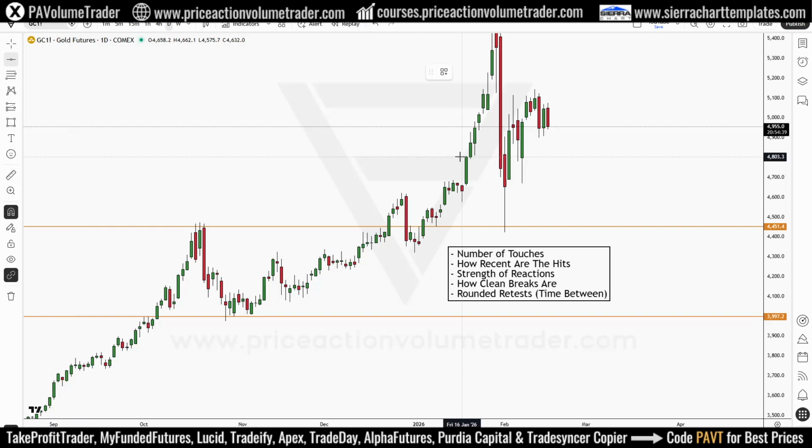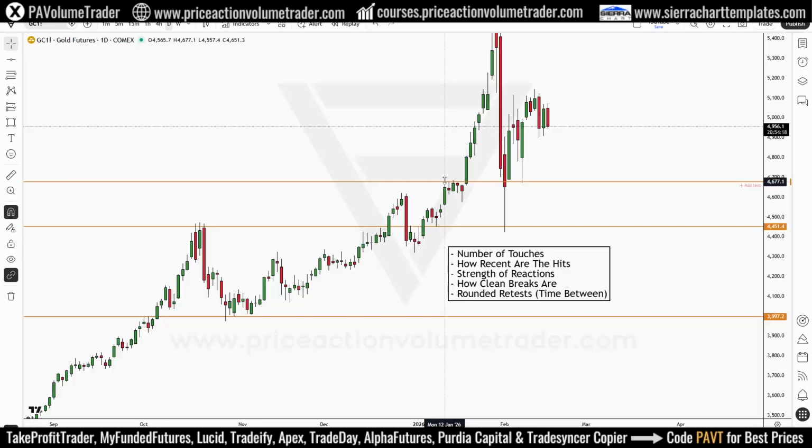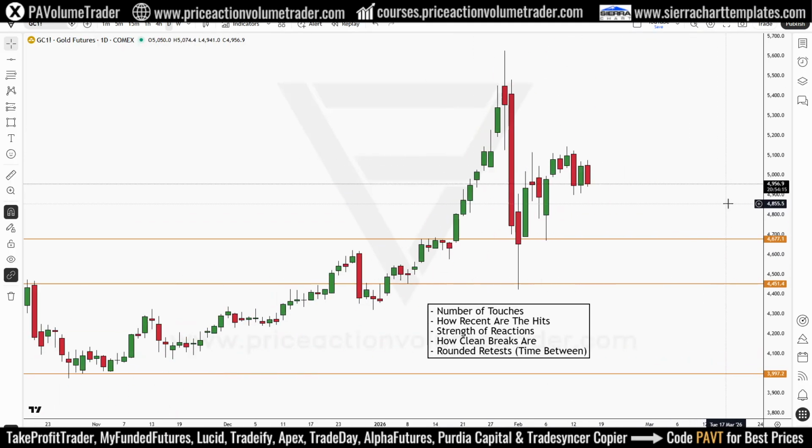So I could put this on the very top, but then I've got 4 daily candlesticks here, or at least 2 right here, the first 2 that are not touching the level by just a few points. So instead of putting it at the very top, I'm going to put it right there.